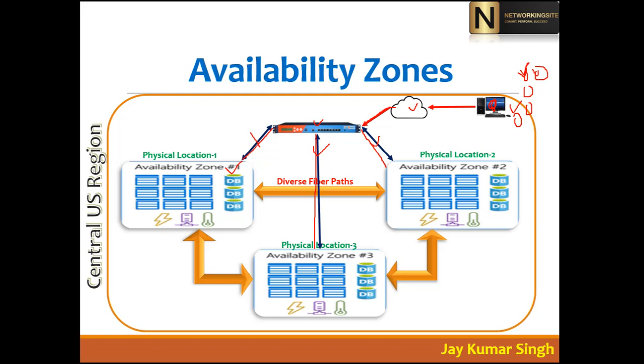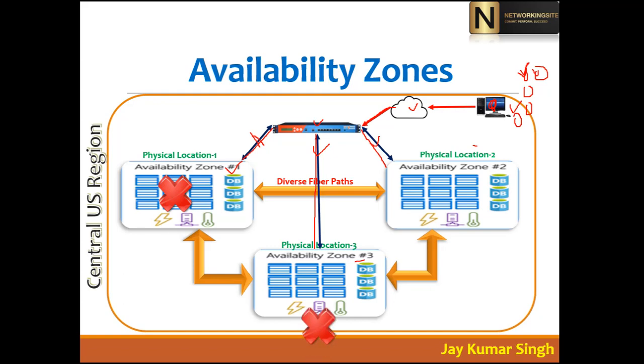If all zones are working, your data will be separated by the load balancer. But if two zones are down, all data will be directed to the single zone. Here I have given you an example: if availability zone 1 is down, no problem, your entire data will come to availability zone 2 and availability zone 3.